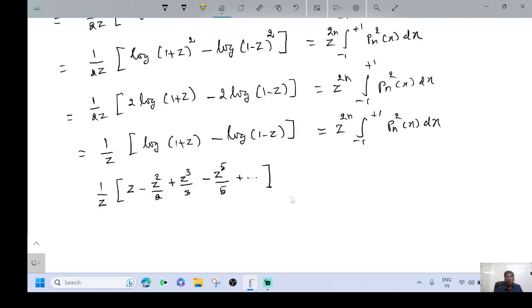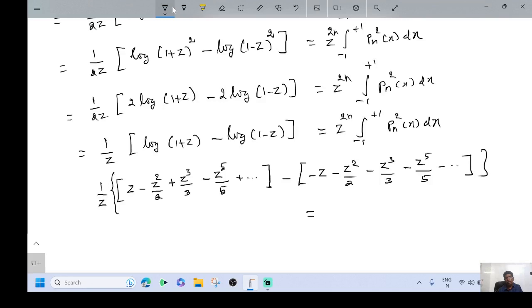Then we have to put this, 1 by z is common, minus of minus z minus z square by 2 minus z cube by 3 minus z power 5 by 5, and the series is going on.